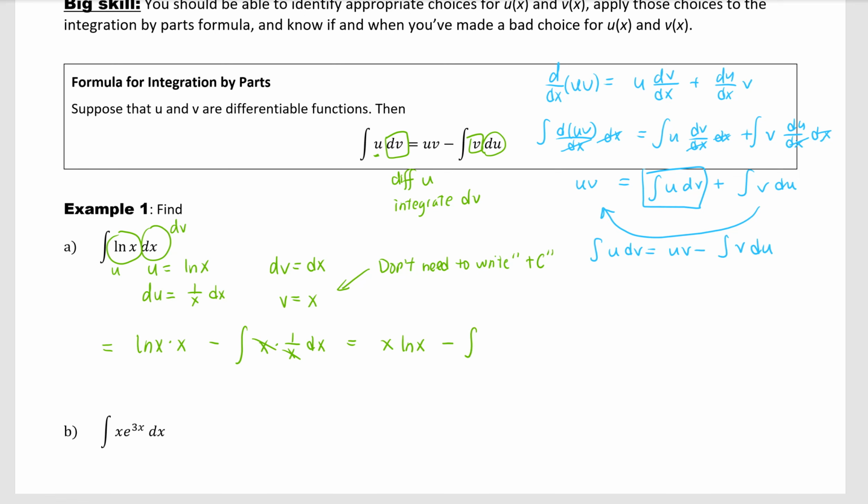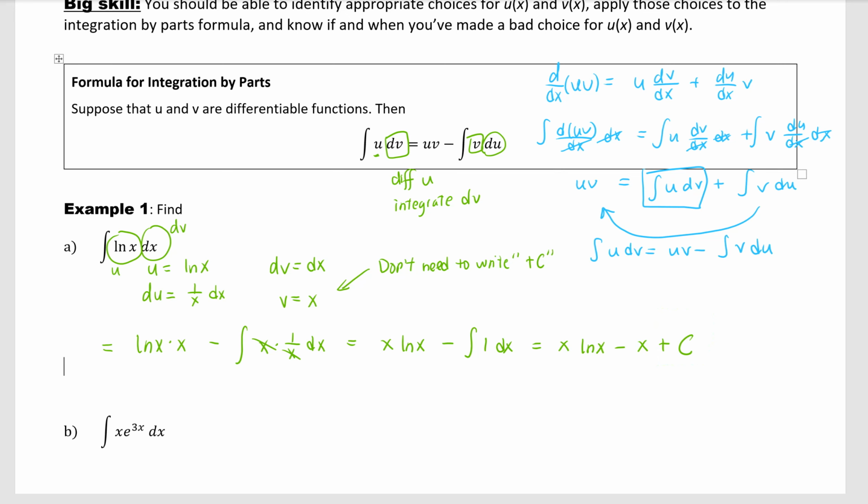The second term becomes the integral of 1 dx. So this is x ln of x, minus the integral of 1, which is x, and then plus c. Remember at the end, after you finish integrating, you need to include plus c. So far, so good, everybody?